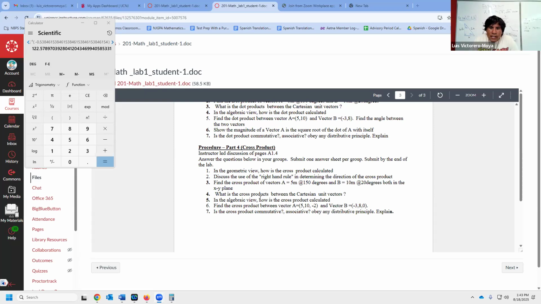What is the cross product between Cartesian unit vectors? So i cross j will give you k. And you can prove that using matrices and determinants. That's what you have to do in questions 5, 6, and even 4. What's the algebraic view and how do you find the cross product between vectors? Now they're going to give you vectors in space.